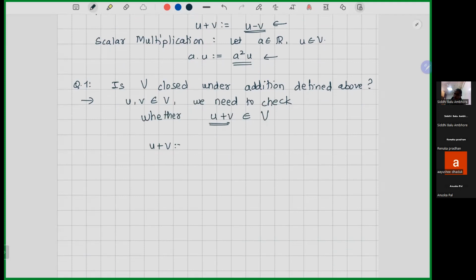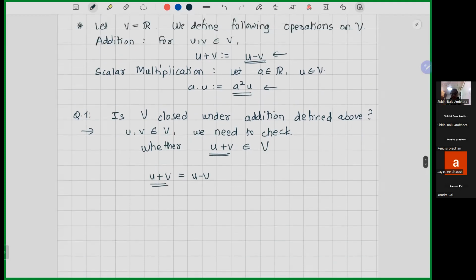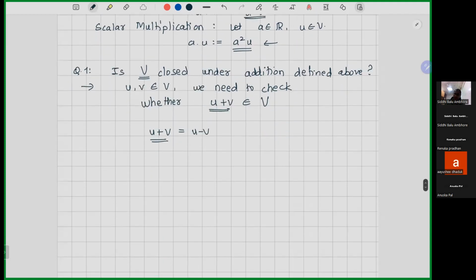It is u minus v. And we know the set of real numbers is closed under subtraction: when we subtract two real numbers, we again get a real number. So the addition on this set V is closed. So the answer to this question will be yes.